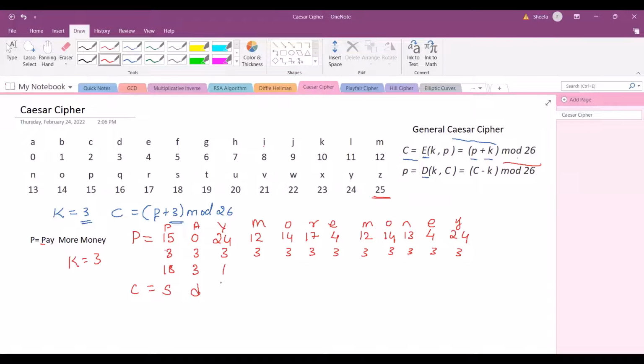So according to that, the value will be B. And similarly 12 plus 3 is 15, which is P. And 14 plus 3 is 17, which is the letter R. And 17 plus 3 is 20, it's U. And 4 plus 3 is 7, it is H.